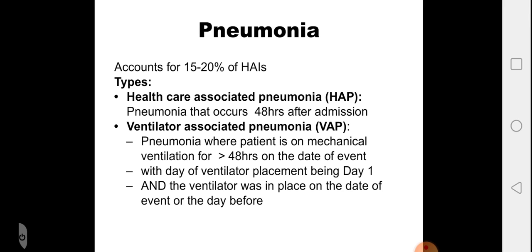So looking into the appropriate definition, ventilator associated pneumonia is a pneumonia where the patient is on mechanical ventilation for 48 hours on the date of event, with the day of ventilator placement being day 1, and the ventilator was in place on the date of event or the day before. So these criteria are almost similar to that of UTI.